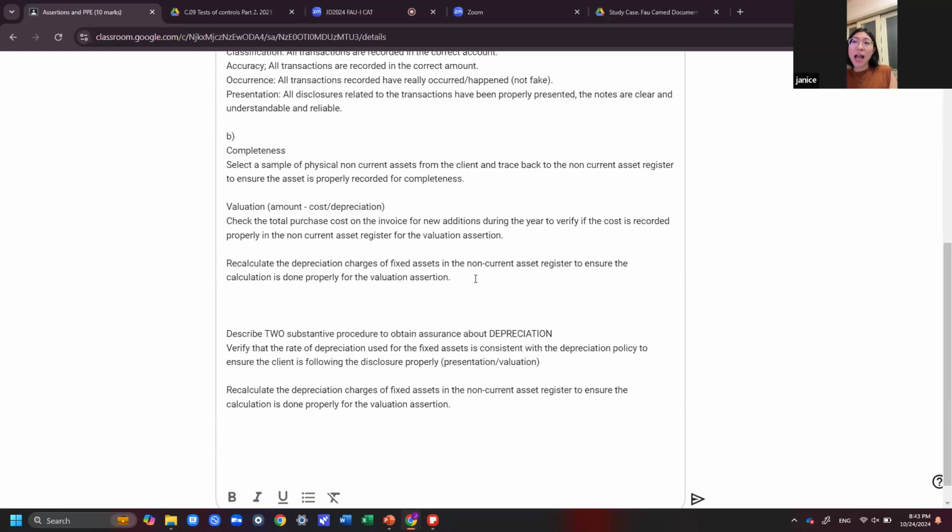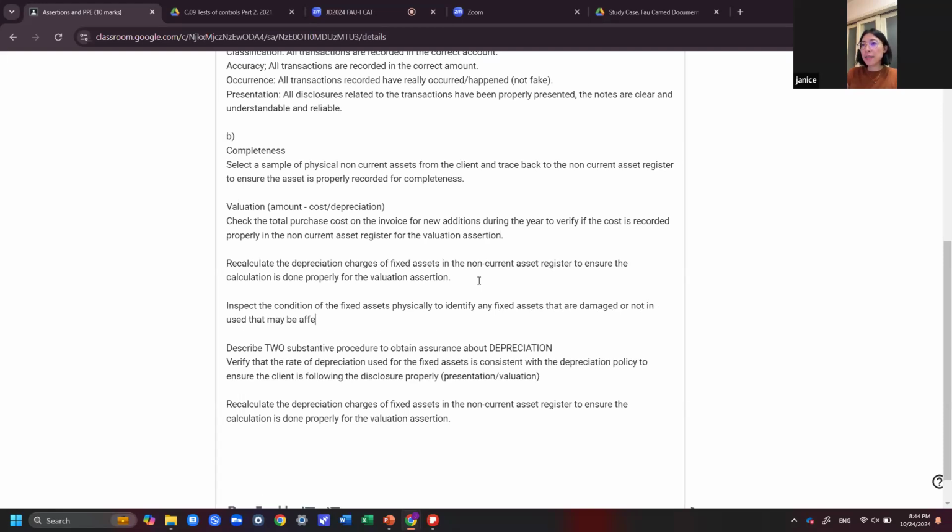However, there's another one here that I would use for valuation: inspect the condition of the fixed assets physically to identify any fixed assets that are damaged or not in use that will affect their value in the financial statement for the valuation assertion.